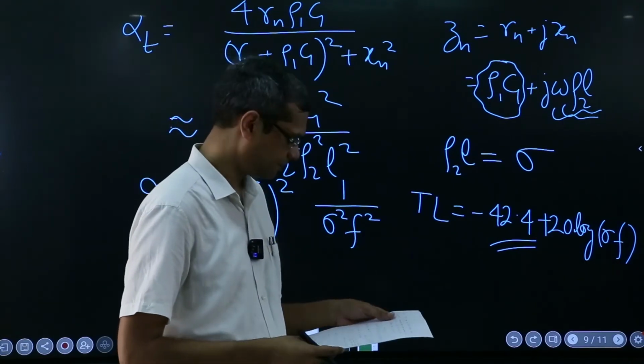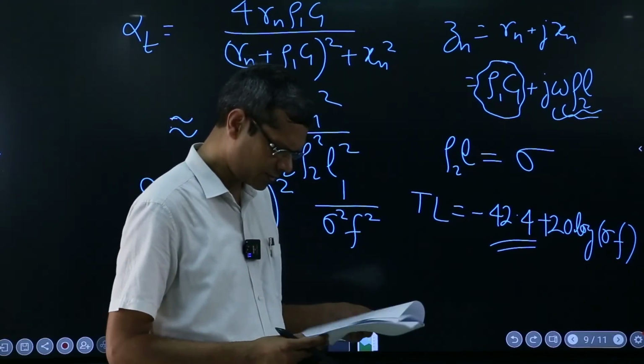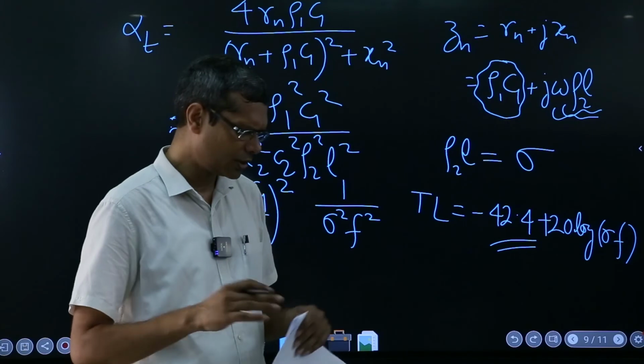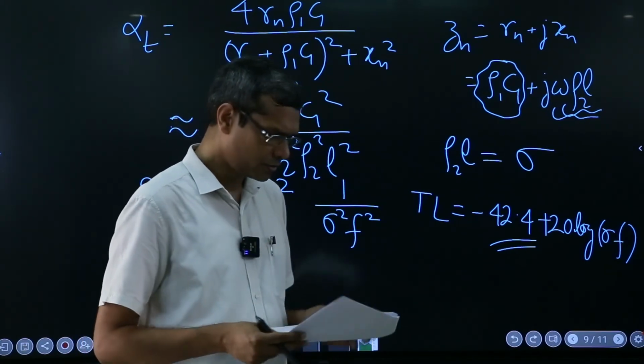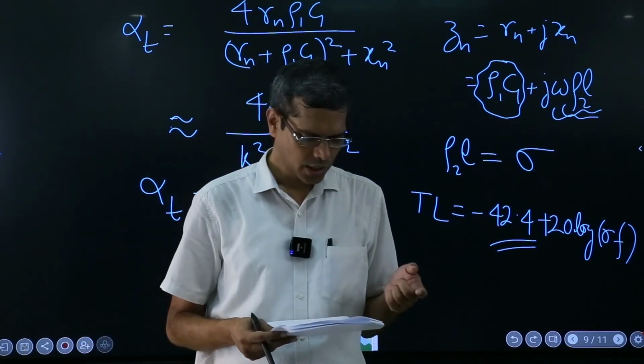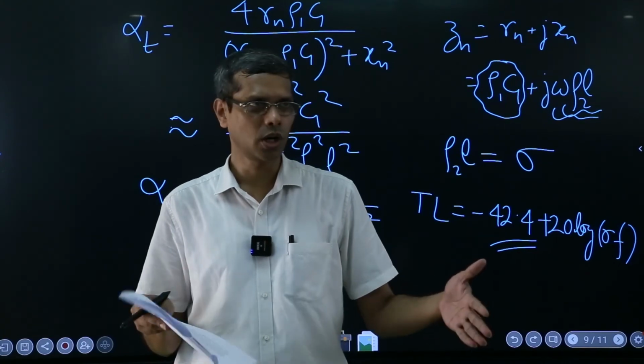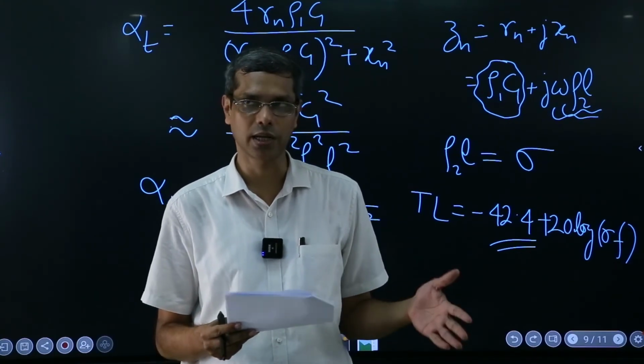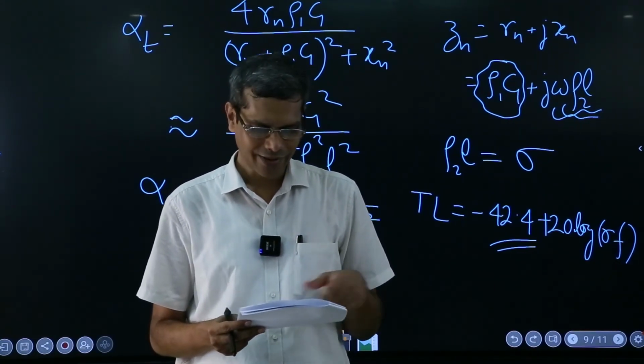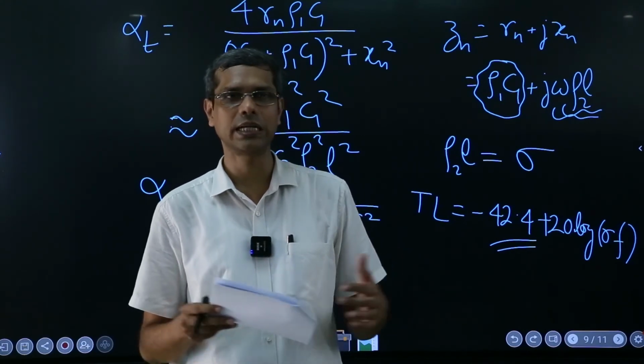Okay, and for some general values, if you look in the book, if you take a 12-inch thick brick wall at 500 hertz, you get 53 dB reduction.